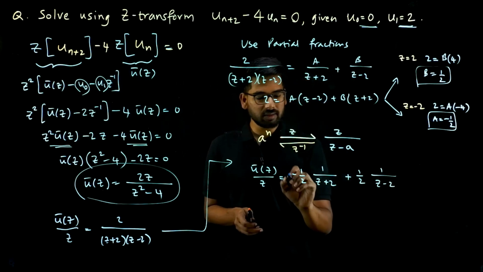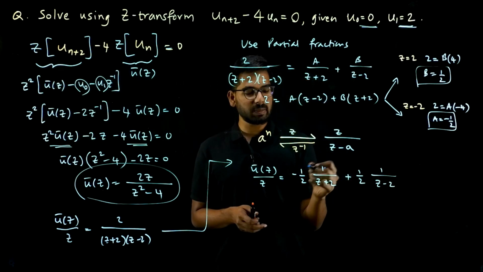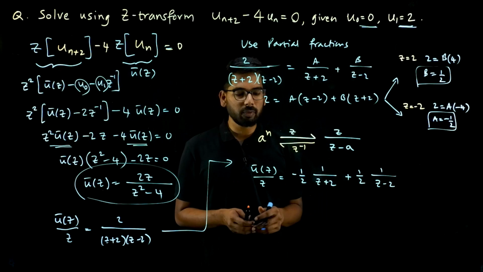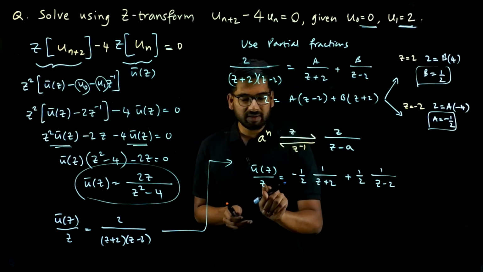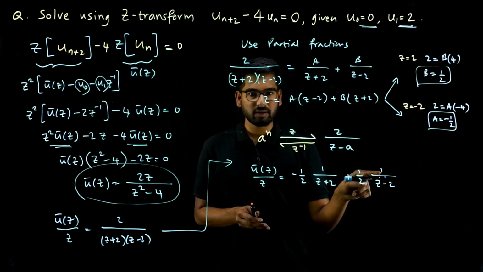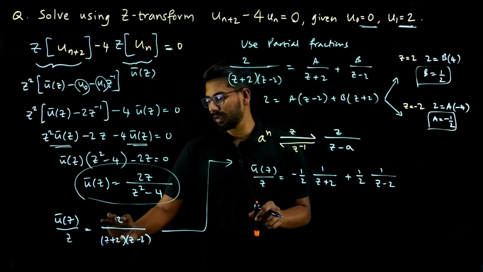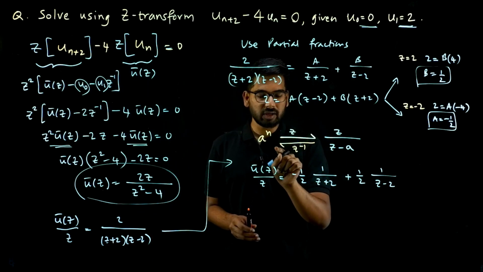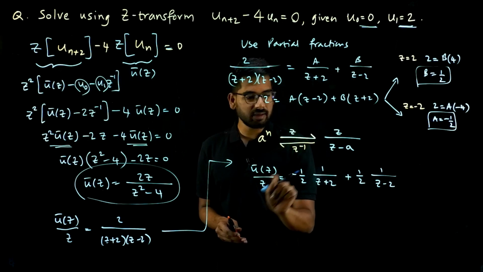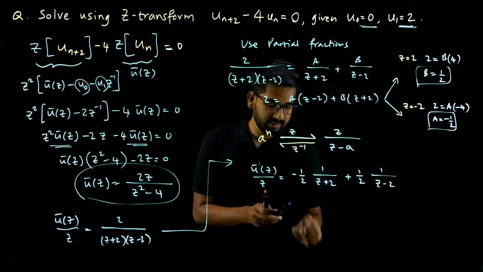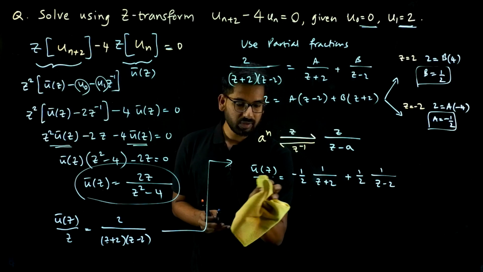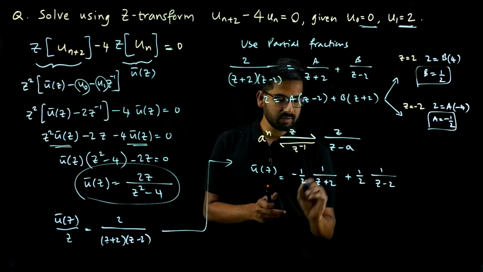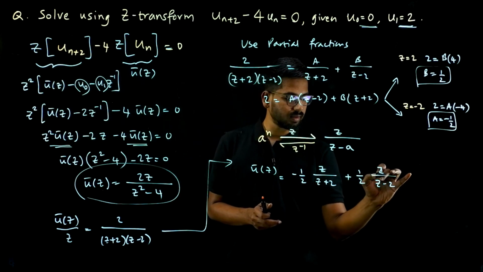I hope you understand it. And if I send this z back to this side, that's why I need to take z in the denominator, because I need a z in the numerator to find an inverse Z transform. So if you send this z this side, you will get a z here and a z here.